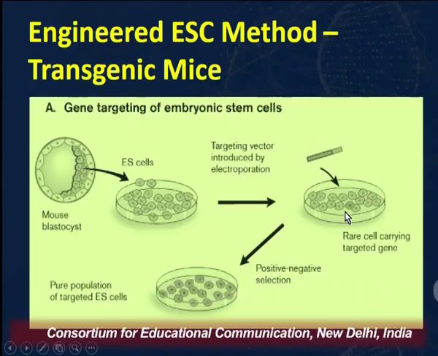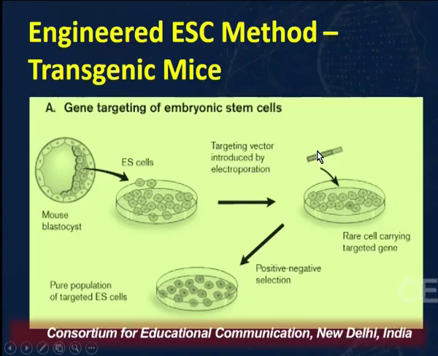And they can be transfected. There are different methods we have already talked about for how these vectors can be introduced into the cells, the bacterial cells or the eukaryotic cells. For example, they can be chemically transfected, or there can be physical methods such as electroporation.